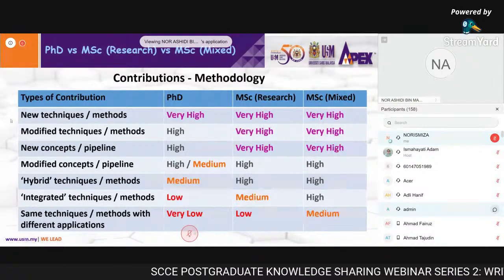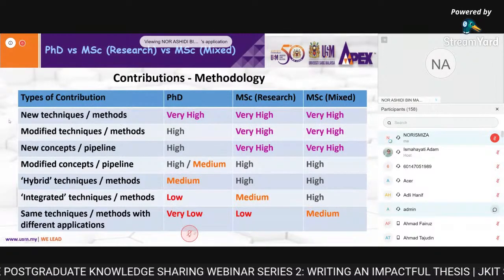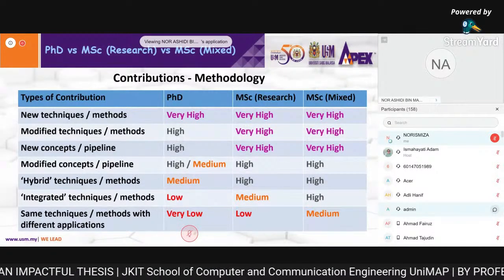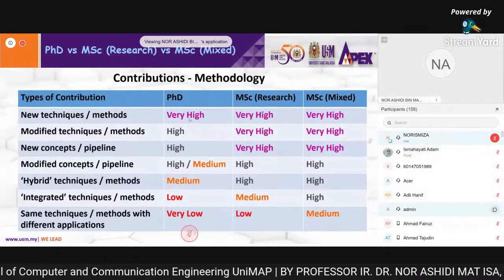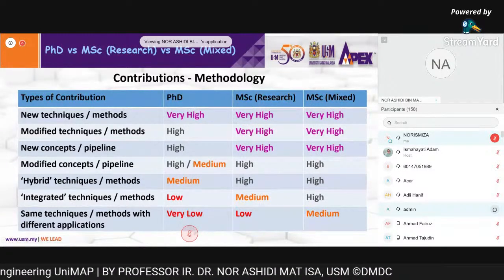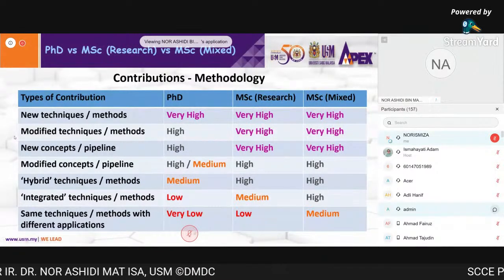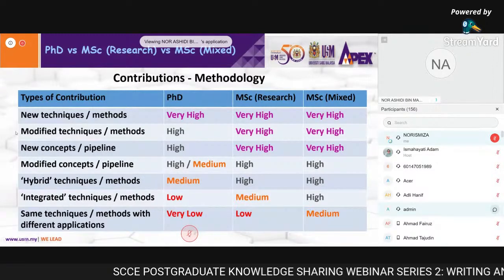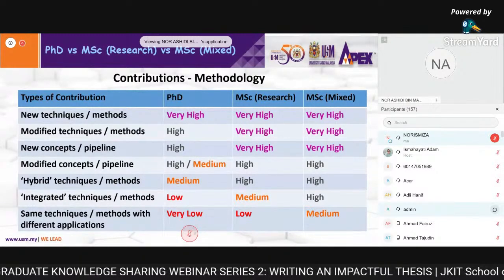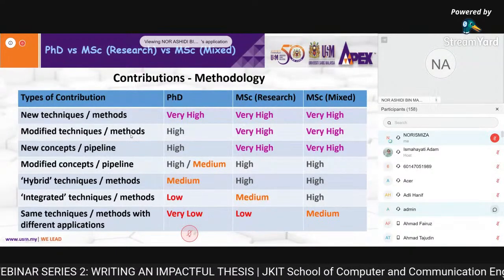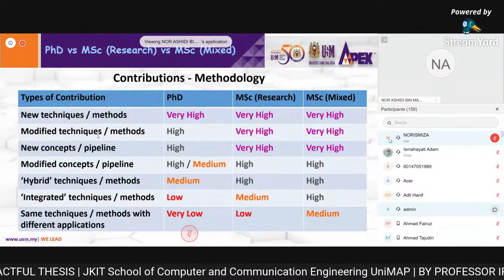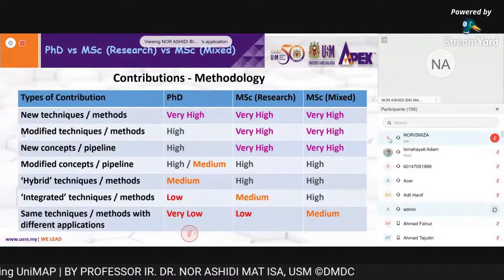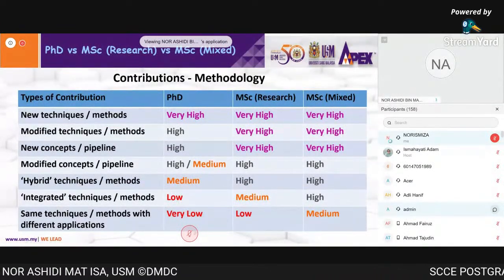The first one is a new technique or a new method, meaning that the student came out with a new technique or a new method, which for me is a very good contribution. That's why I call it very high for PhD students. The second one is the most common contribution by students, including my PhD students: you have the existing methods, existing techniques, existing ideas, or existing approaches, and you modify them, modify the techniques, modify the methods.